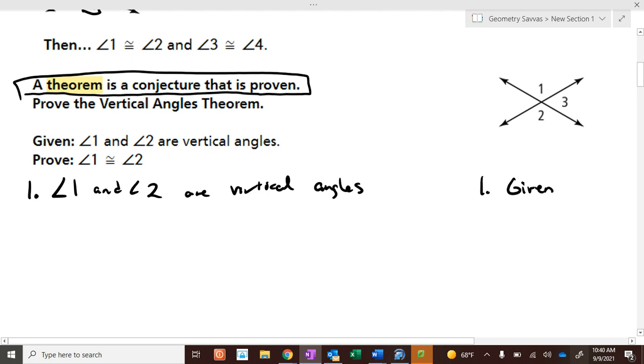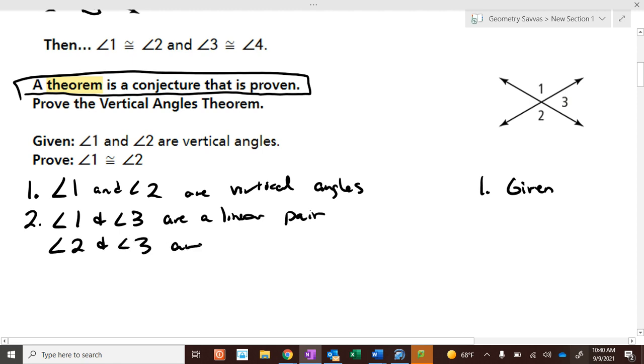Then, because they're vertical angles, then what I'm going to need to say is angle 1 and angle 3 are a linear pair. And then also angle 2 and angle 3 are a linear pair.